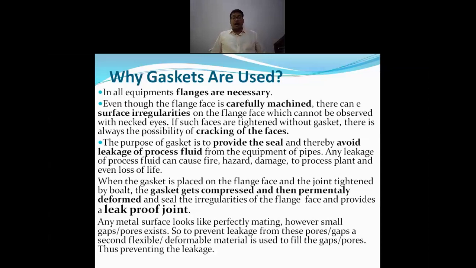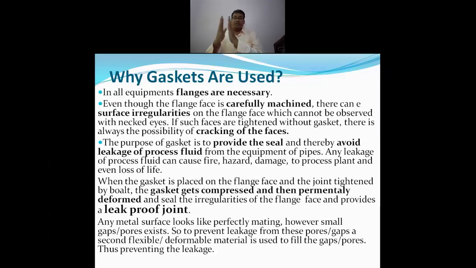The purpose of the gasket is to provide the seal and thereby avoid leakage of process fluid from the equipment and from the pipes. When the gasket is placed on the flange face and the joint is tightened by the bolts, the gasket gets compressed and then permanently deforms.